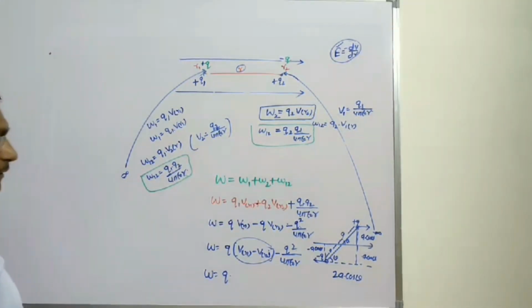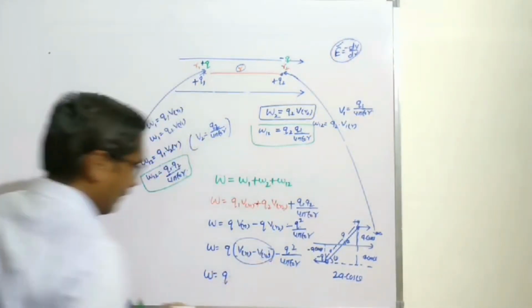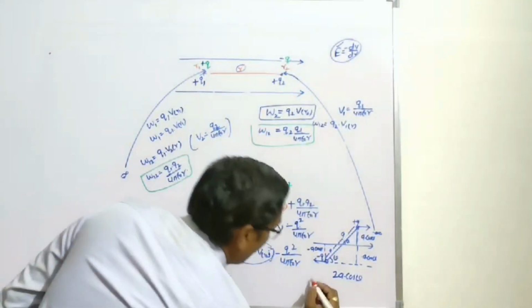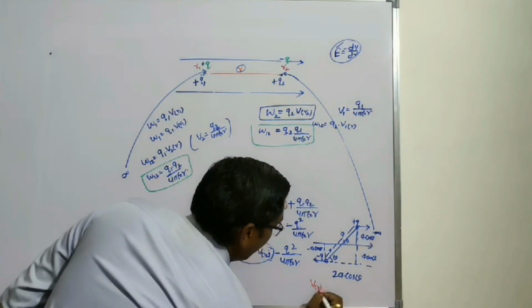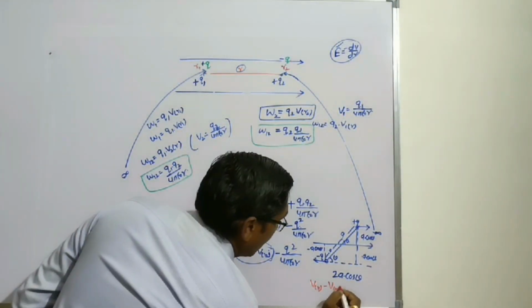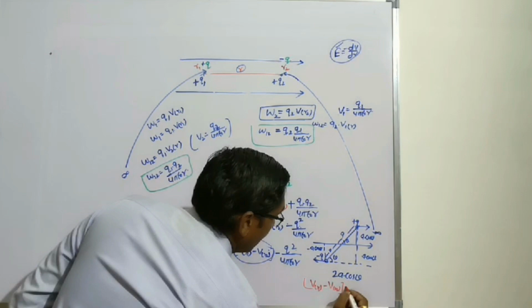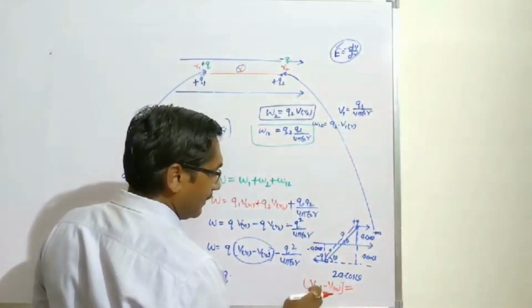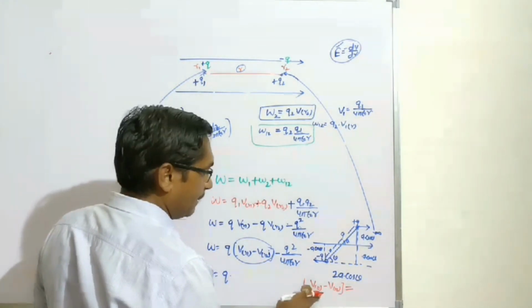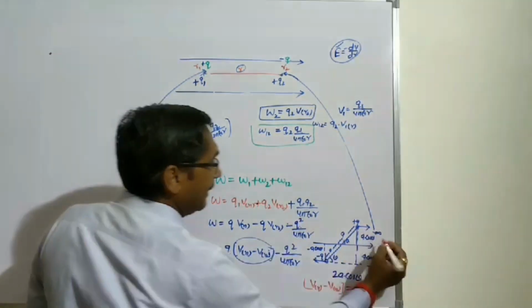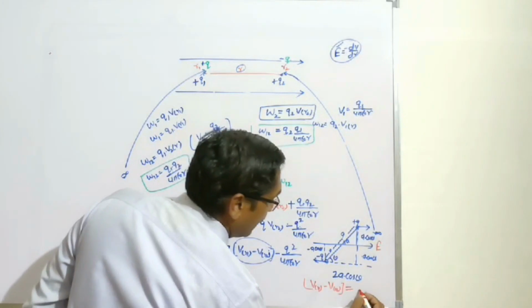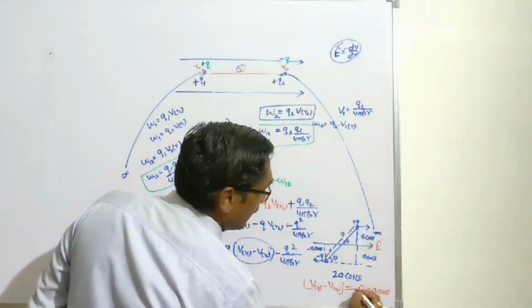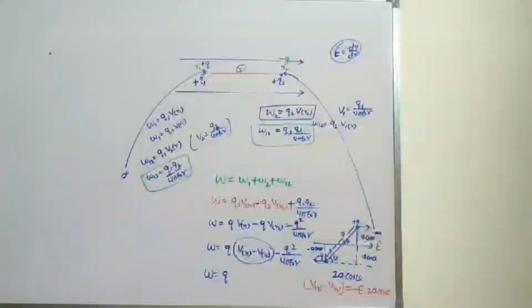Now we can say V(R1) minus V(R2) equals the potential as a function of the displacement, so V equals E into 2A cos theta, it is negative, right?